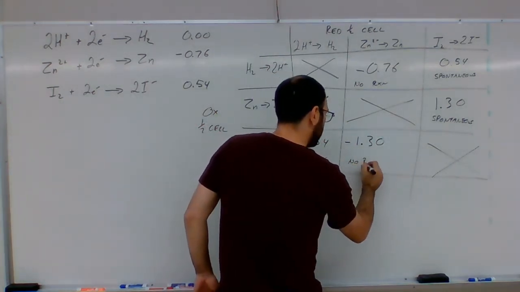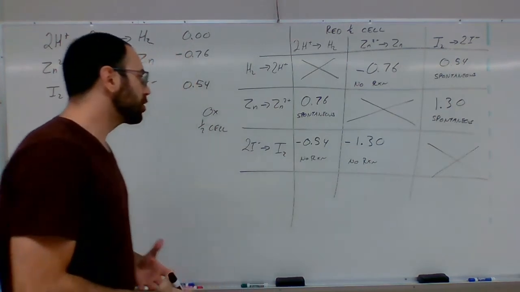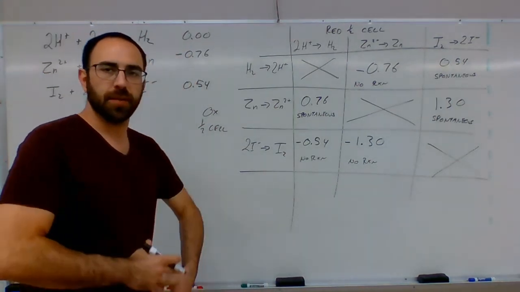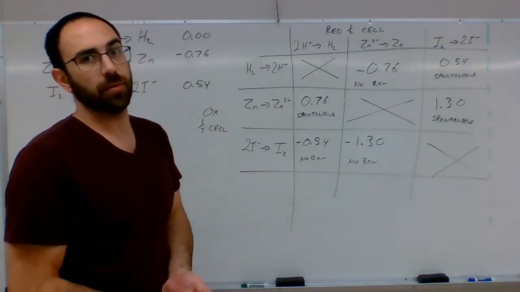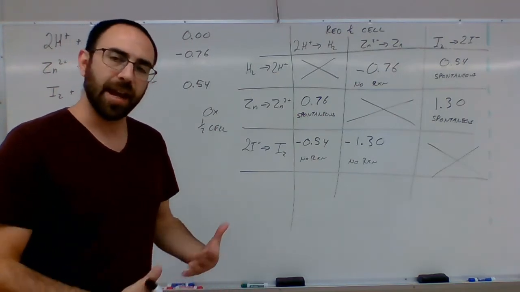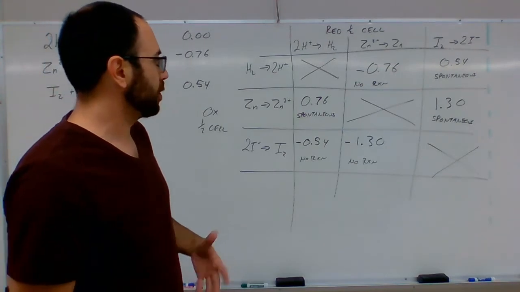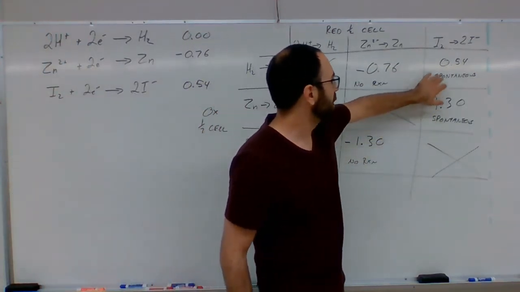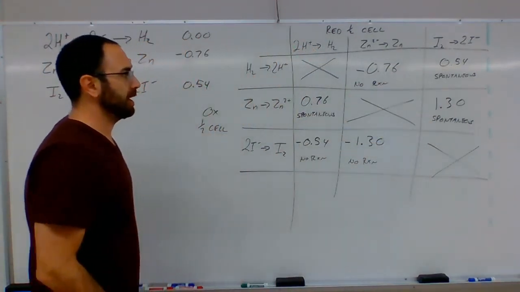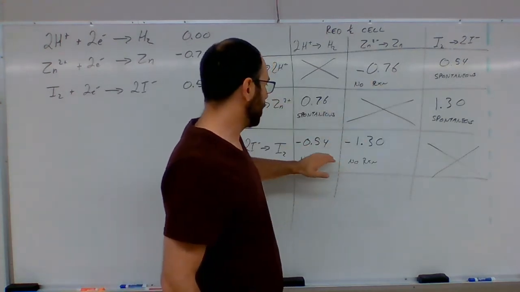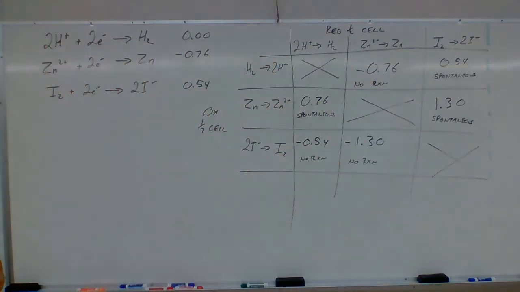So once again, no reaction. If you compare these different reduction half cells and oxidation half cells to your reduction potential chart and how we determine spontaneous and non-spontaneous, you would see the connections between the ones where we have these positive voltages as being spontaneous and these negative voltages being no reaction.